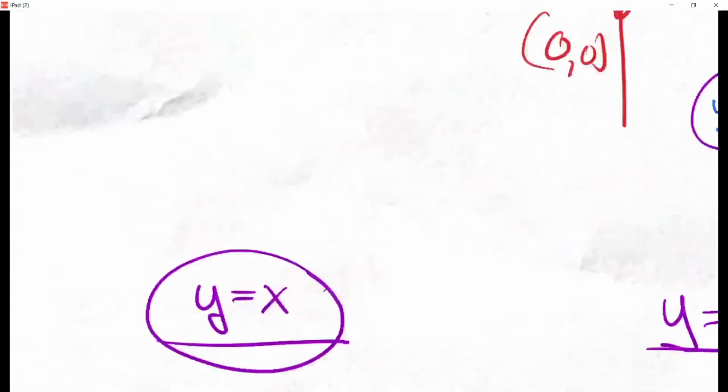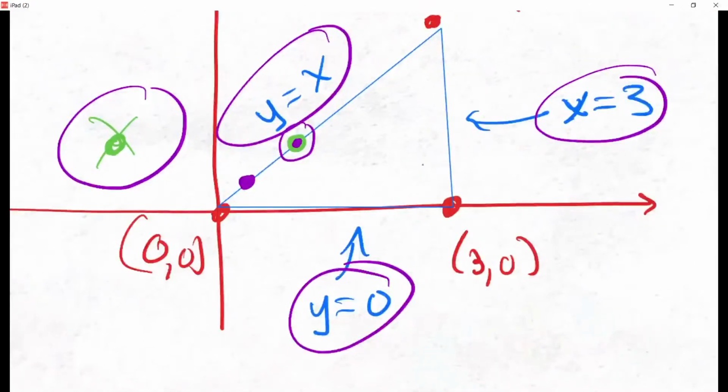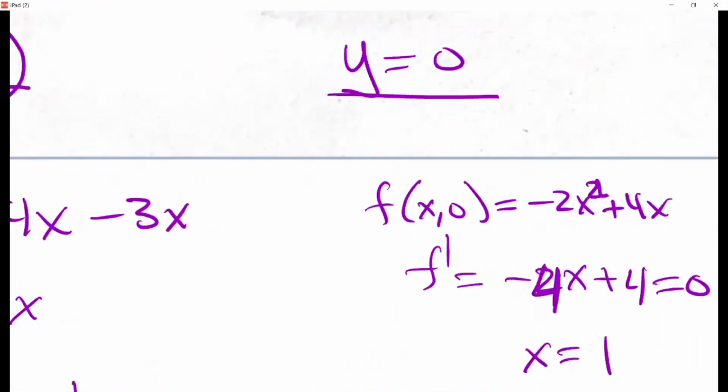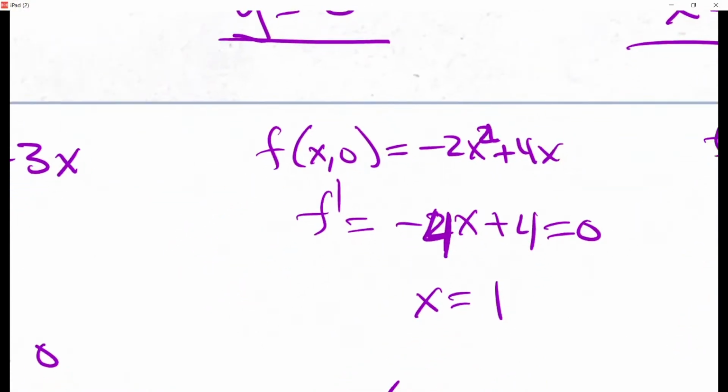Let me sketch them up here. 1/3, 1/3 is right there. 1, 1 is the same as that critical point that we found already. Now let's do the other 2. These were a lot easier. So y equals 0 apparently I did first. It's a little bit messy here.